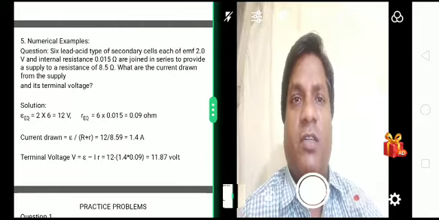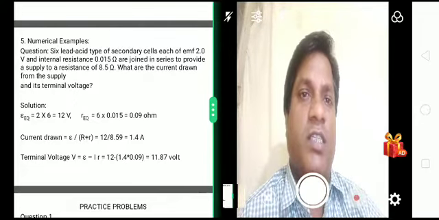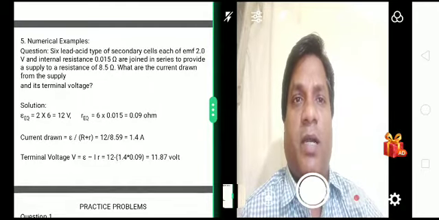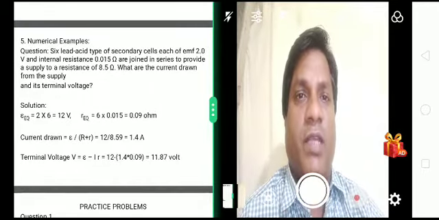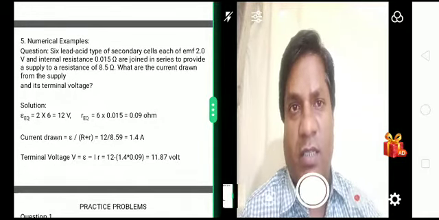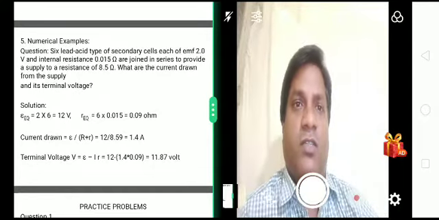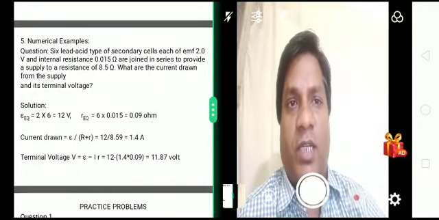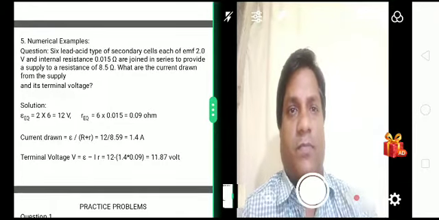So the current drawn equals EMF by total resistance of the circuit, that is 12 by 8.59, which is equal to 1.4 ampere, and the terminal voltage, E minus I into internal resistance, comes to be 11.87 volt.